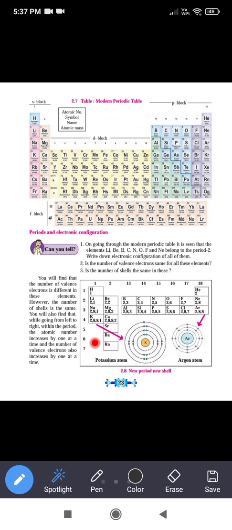So here we have seen that the number of shells matches the period number. If an element belongs to the third period, it means that element has 3 shells in its atomic structure. For example, phosphorus belongs to period number 3, that's why it has 3 shells.